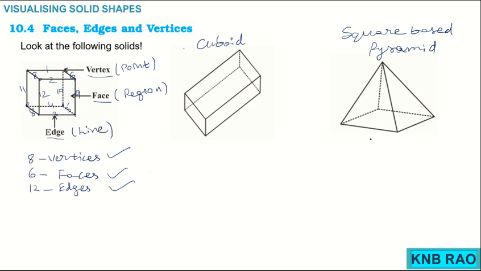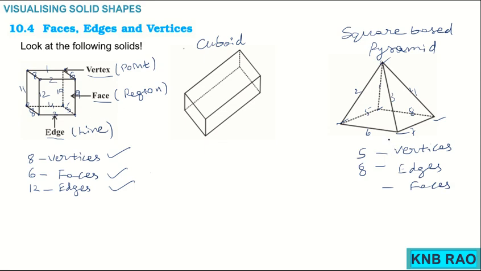Here in this square based pyramid, how many vertices are there? How many edges are there? And how many faces are there? You can count now. 1, 2, 3, 4, 5. 5 vertices are there. 1, 2, 3, 4, 5, 6, 7, 8. 8 edges are there.